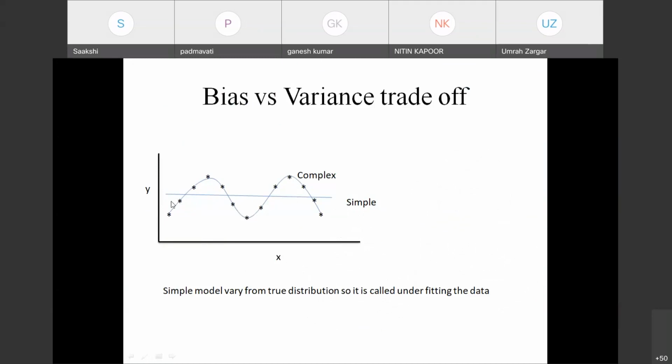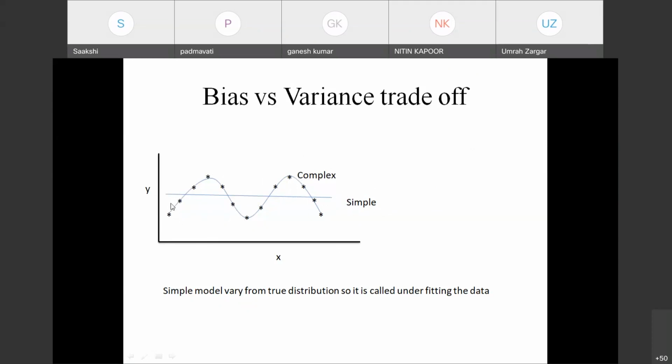Now we have built the model such that my model is giving this result. The line is representing the simple model result, whereas the curve is representing the complex result.